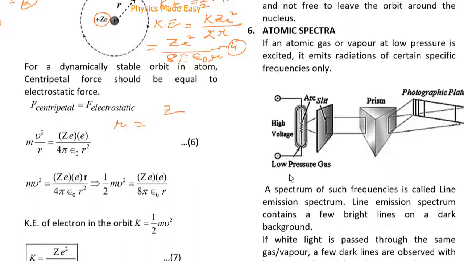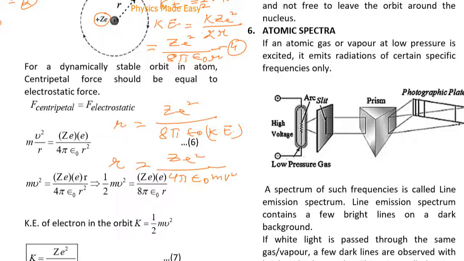Small r is z e square divided by 8 pi epsilon naught into kinetic energy. Now fill the value of kinetic energy and we will get z e square. Half will make this 8 pi to be 4 pi. So I shall be directly writing here 4 pi, because the kinetic energy was half m v square. Now I shall be writing m v square because 8 divided by 2 is 4.